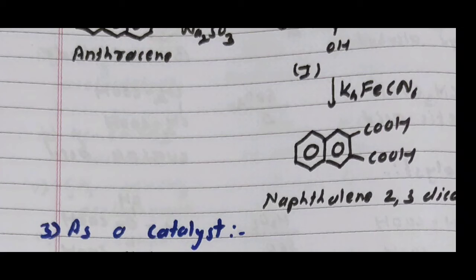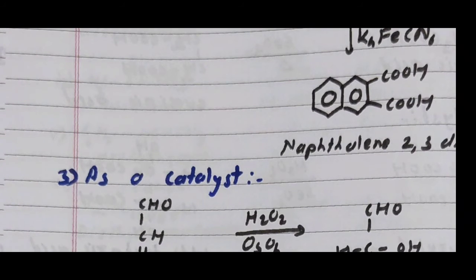Carboxyl, COOH groups are attached at positions 2 and 3. Therefore the name of this compound is naphthalene-2,3-dicarboxylic acid. This is the second compound.